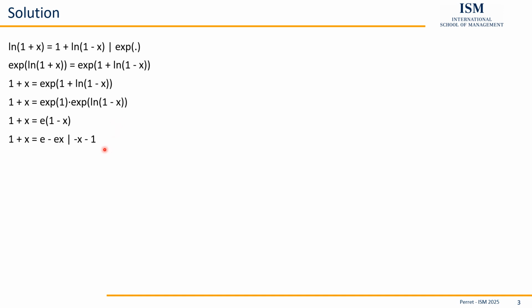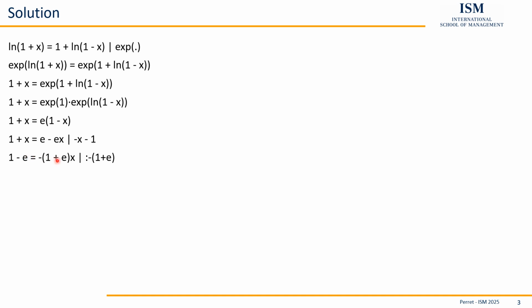And then I can just bring all the variables with an x on one side and all the variables without an x on the other side. So I'm going to put the e times x on one side and the 1 on the other side, giving me this result here. Well, more or less on the left side, this result.